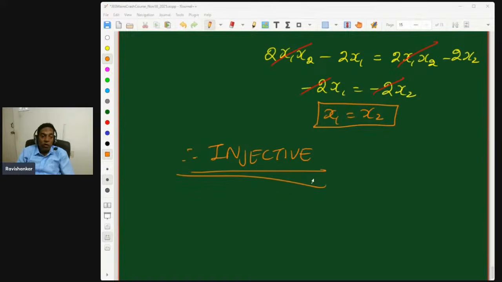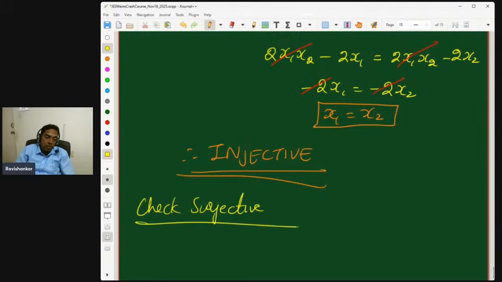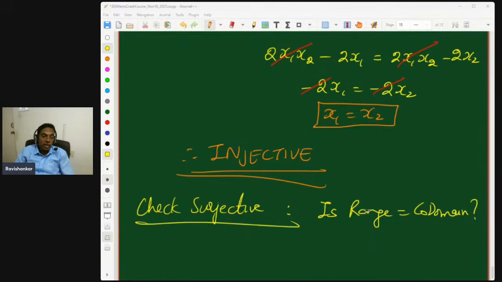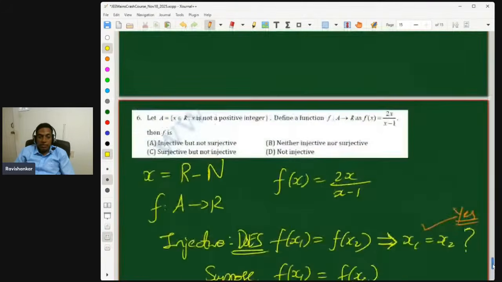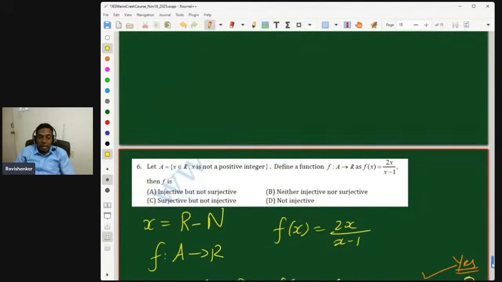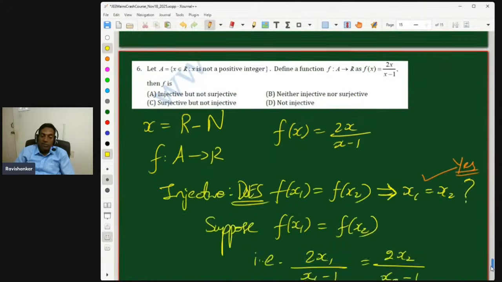Okay. What about surjective? What is the range? So check. Is range equals codomain? Codomain is all real numbers. So is the range same as the codomain? So, for example, A is all elements where x is not a positive integer.